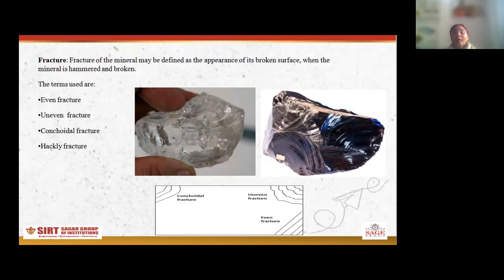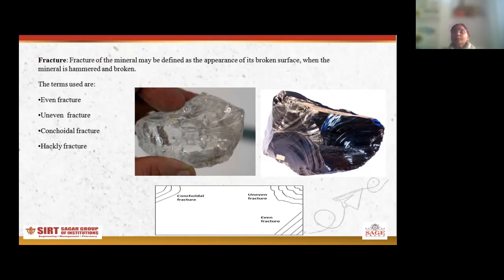Then conchoidal fracture, an example you can see here, with these lines in this area. Even fracture means a smooth surface. Uneven means a zigzag or rough surface is formed when the mineral is split. Conchoidal means concentric rings are formed on the surface.